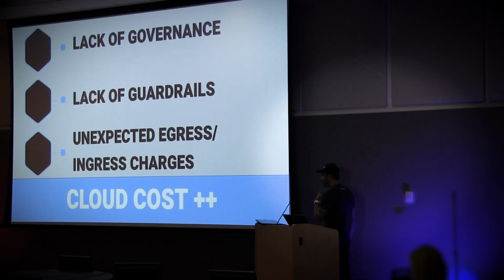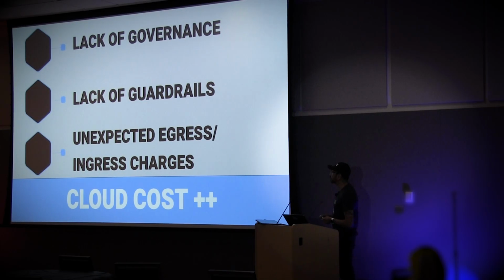Now, these are more non-technical things here, but a lack of governance, right? If you don't have a team within your large organization which sets rules for how you're supposed to use cloud services and what you shouldn't use, and some guidelines or even rules around what you're allowed to spin up and things like that.